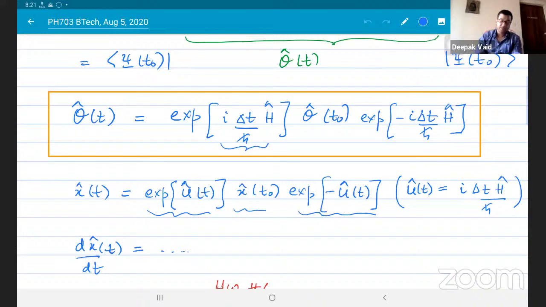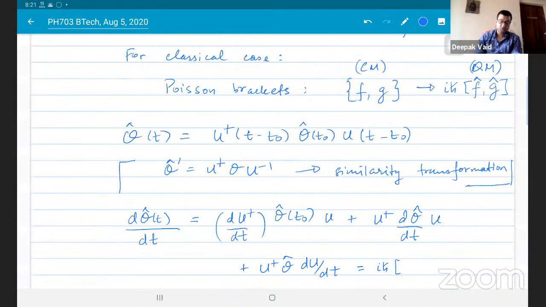When you take the time derivative, you get one copy of i over h bar and one copy of H that will come outside. In one term you will have H comma O, and in the other term you will have O comma H, and so those two together will combine.